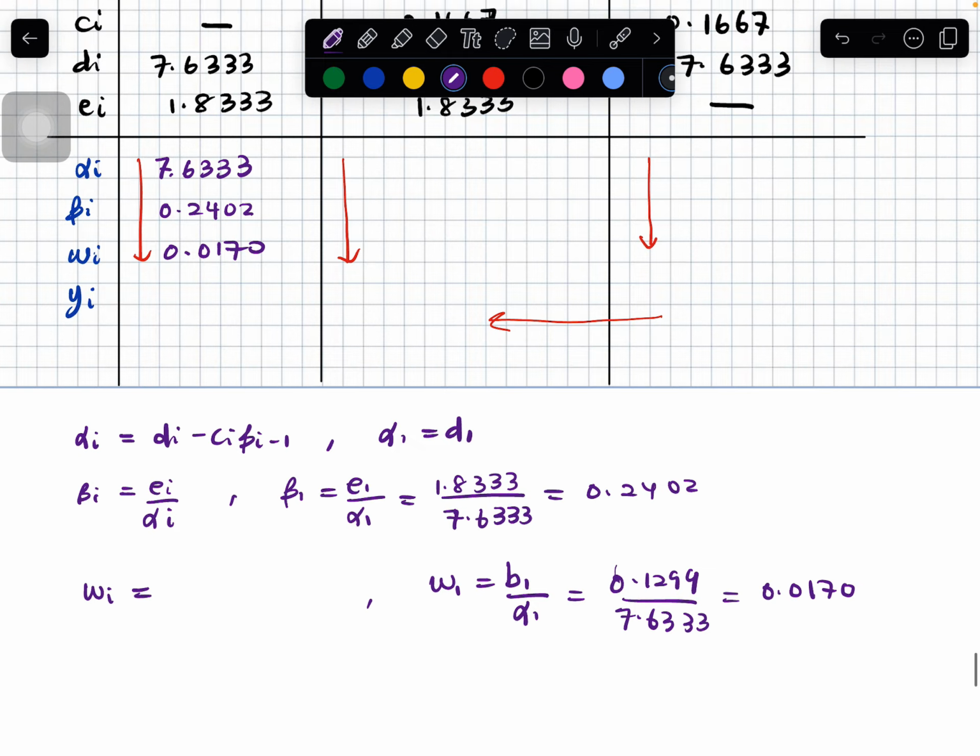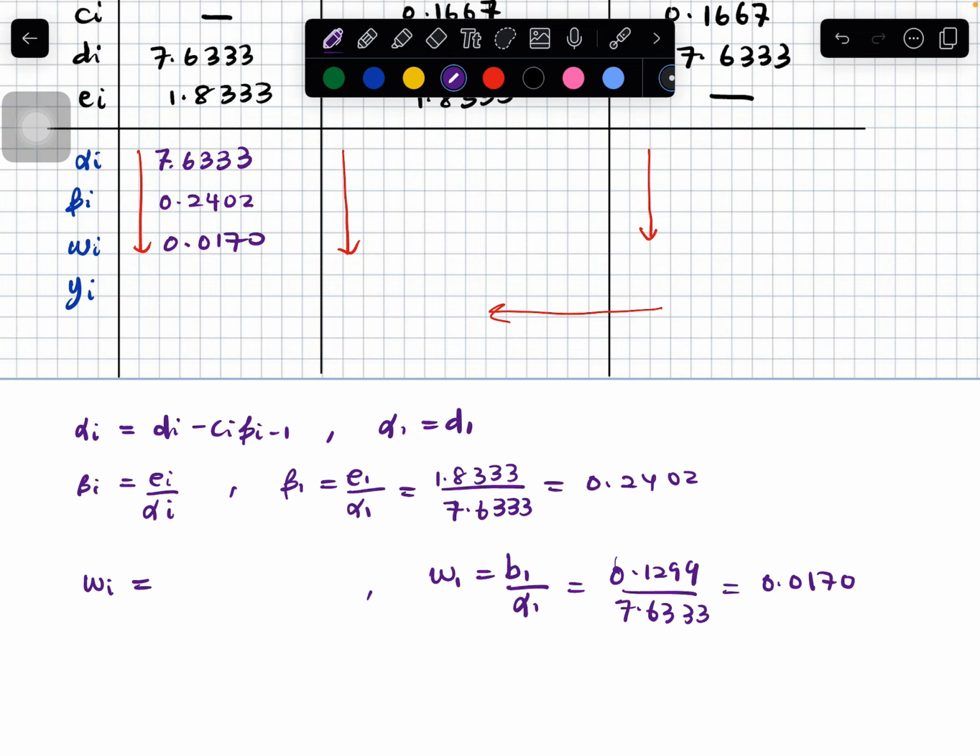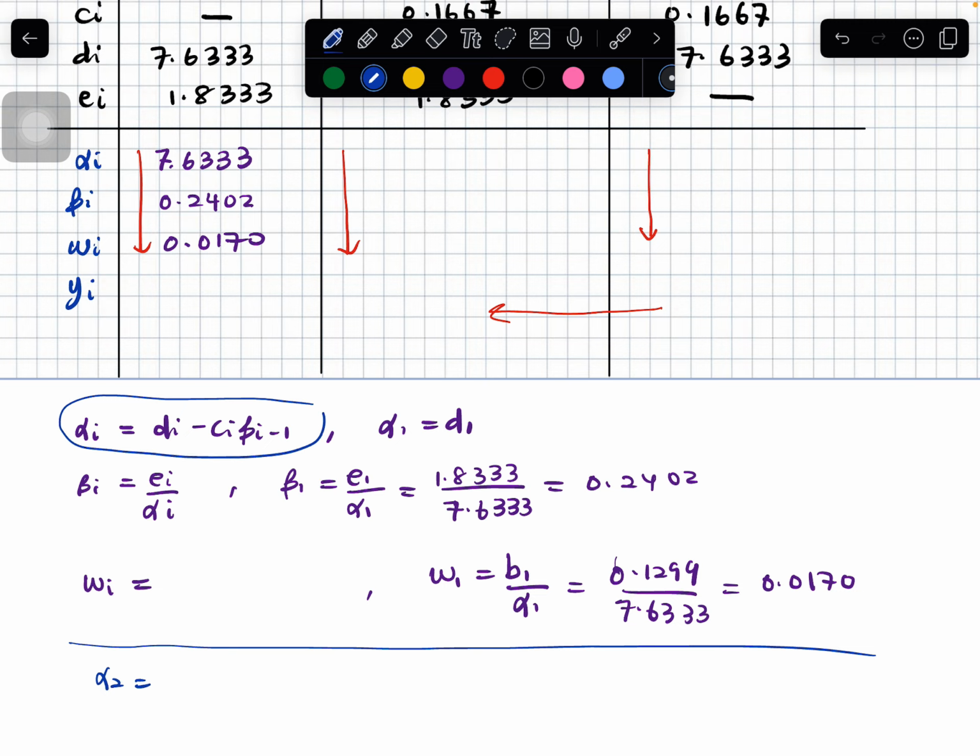Okay, so after you complete the first column, you have to jump to the next column. You cannot find y1 yet, so you have to find alpha 2. So for alpha, we will use this formula alpha i. So it is d2 minus c2 beta 1.